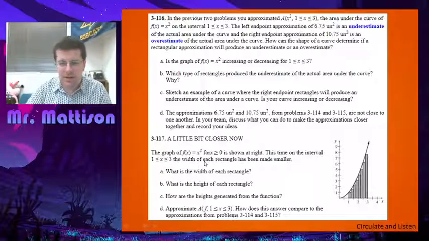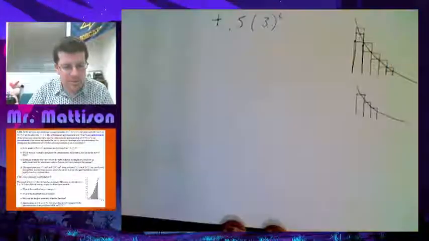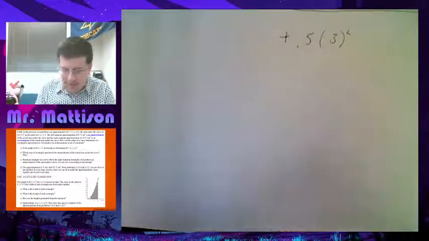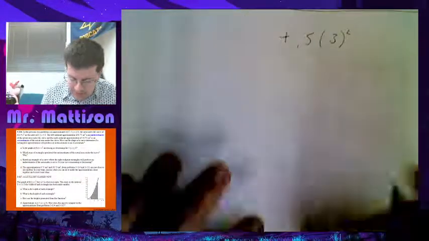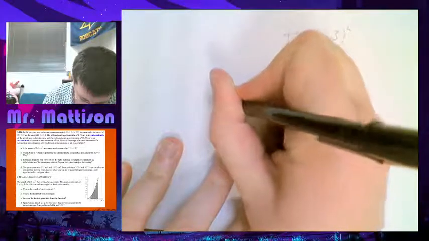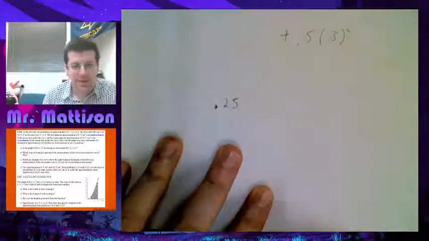So here, if I do this, 0.25 is my width now, not 0.5.